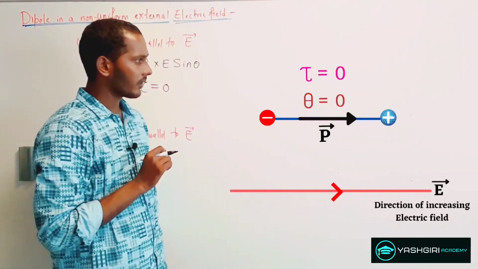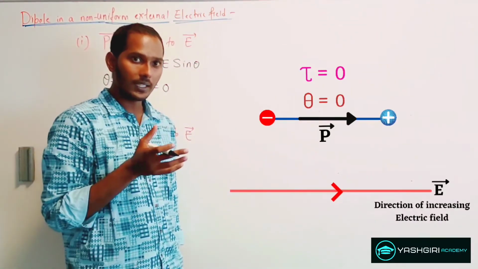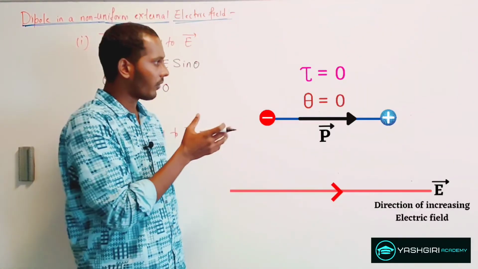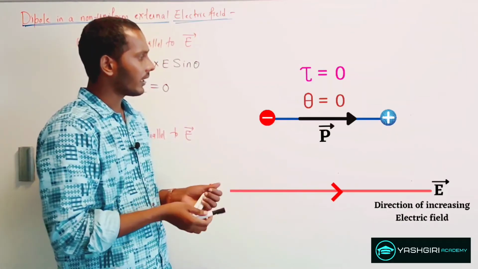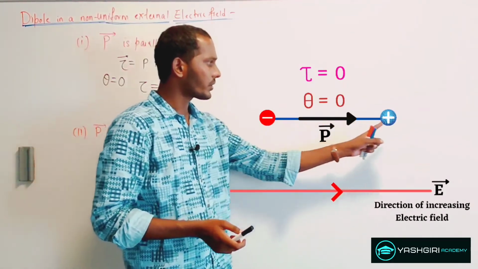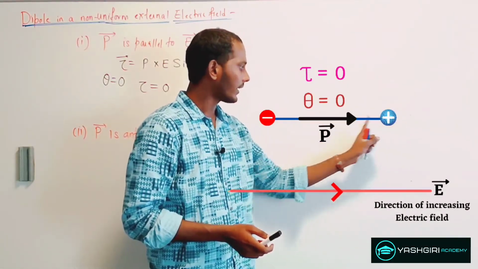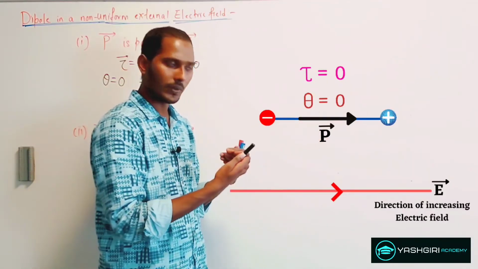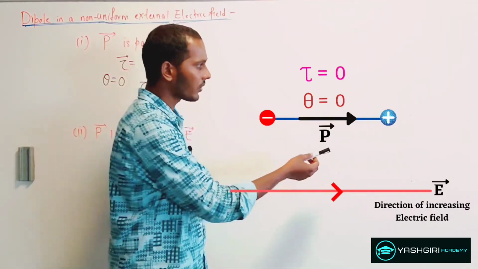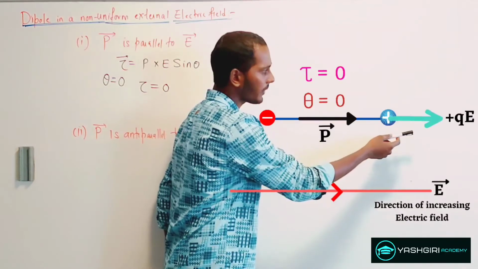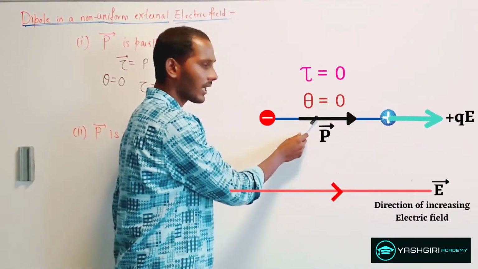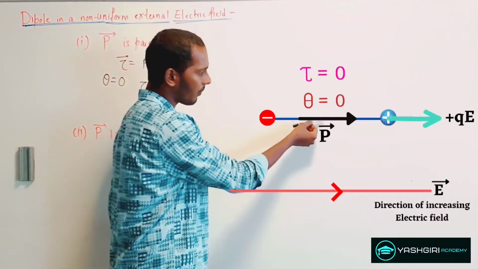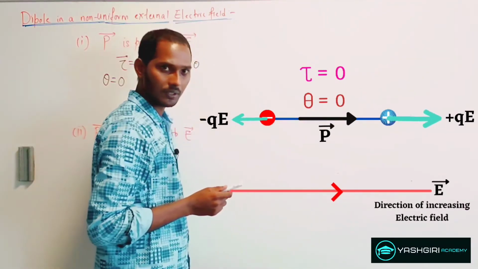So that's the case. But here, what about the net electric force on this dipole moment? Here you have a positive charge and a negative charge. Both the charges are going to experience some force. The positive charge will experience a force in the same direction as the electric field, and the negative charge will experience a force in the opposite direction of the electric field.